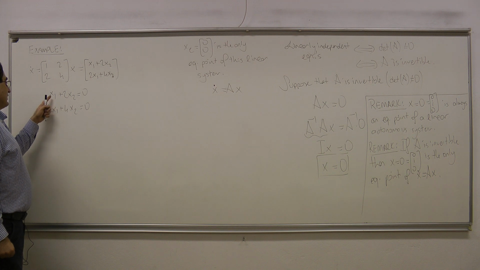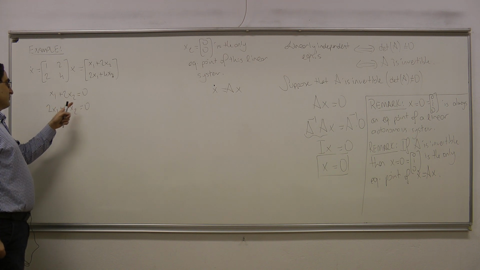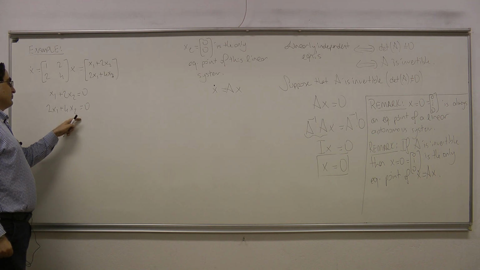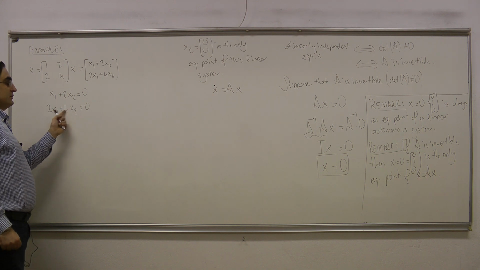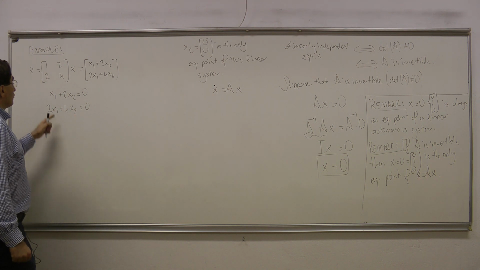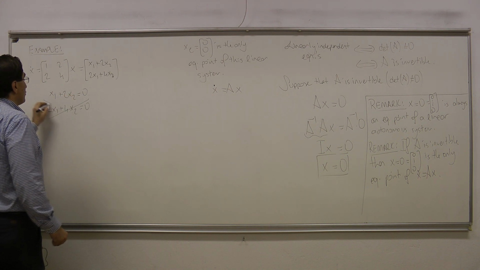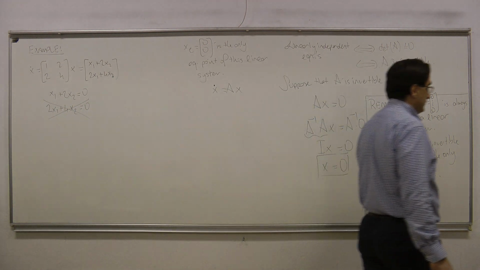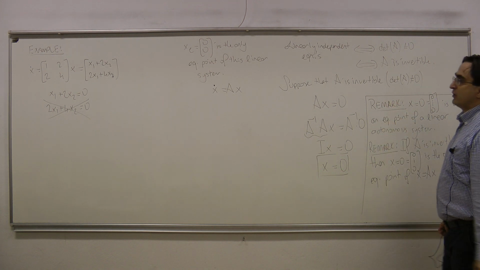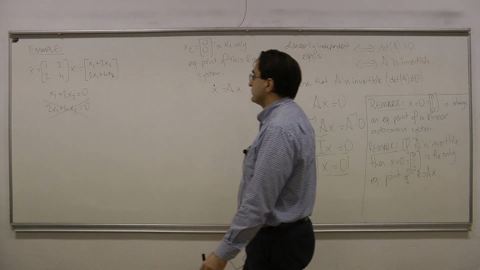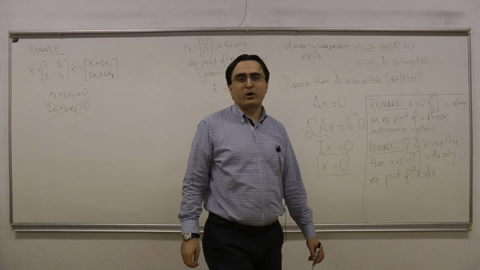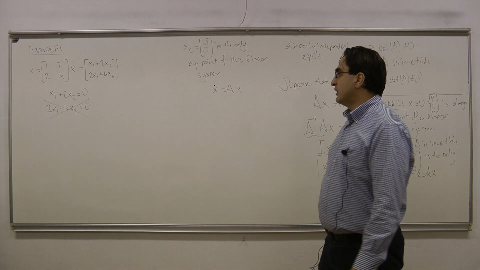I can extract x1 equals minus 2x2 and substitute here. That gives minus 4x2 plus 4x2 equals 0, and 0 equals 0. So this second equation is redundant. I really do not need it when I calculate the equilibrium points of the system. When the first equation is satisfied, the second equation is always satisfied.